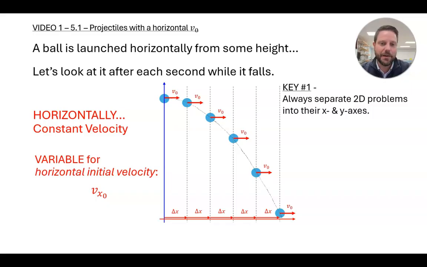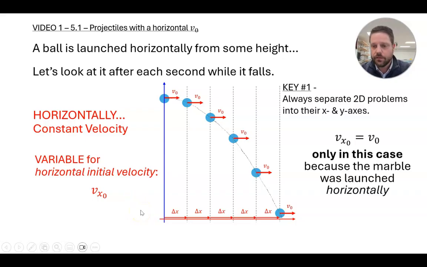And so the variable for this, because it's along the x-axis, would be, instead of using v naught, we're going to use vx naught, meaning it's the velocity along the x-axis initially. So in this case, vx naught is equal to v naught, only because it's launched horizontally, right? So we've got to be careful of that.